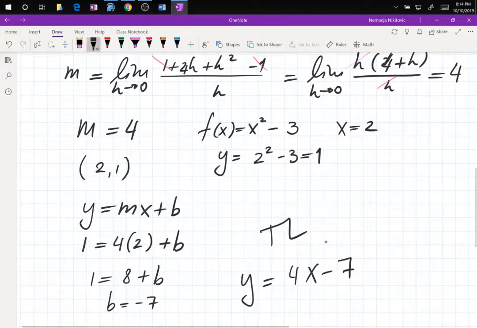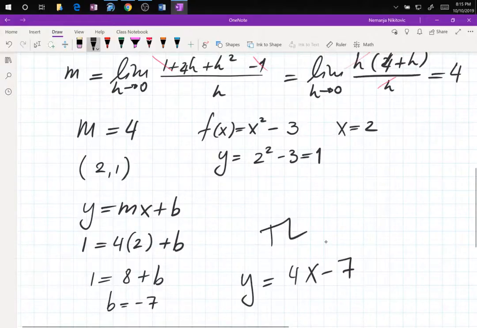Now, if you want to check this, all you need to do is to graph your function, in our case x squared minus 3, and then graph your tangent line, which is 4x minus 7, and they better have a tangent at 2, and you can see that at 2, right, they touch.